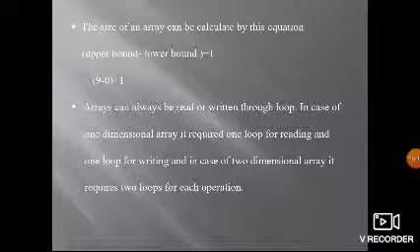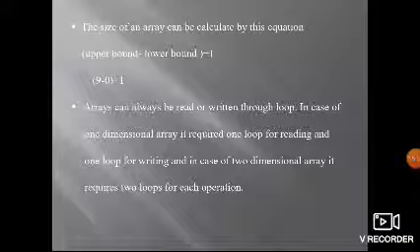The size of an array can be calculated by this equation: upper bound minus lower bound plus 1. The upper bound, that is the last index, is 9, and the lower bound is 0.